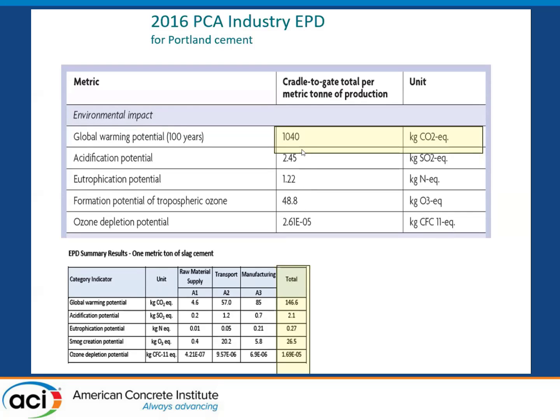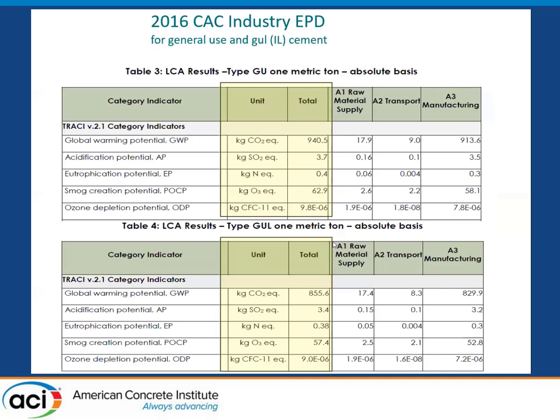So we can see there's a drastic reduction in CO2 emissions. With that, the more slag we put into it, the more we're directly reducing the amount of Portland cement CO2.